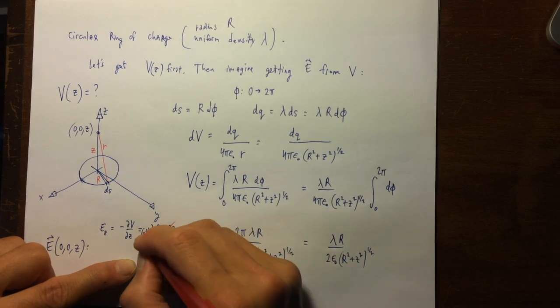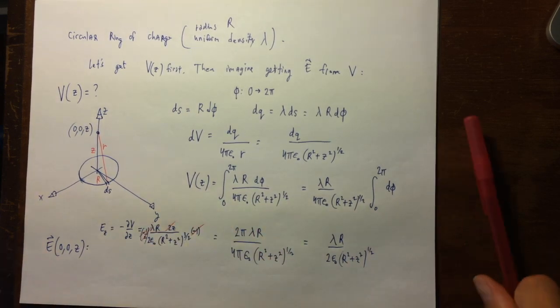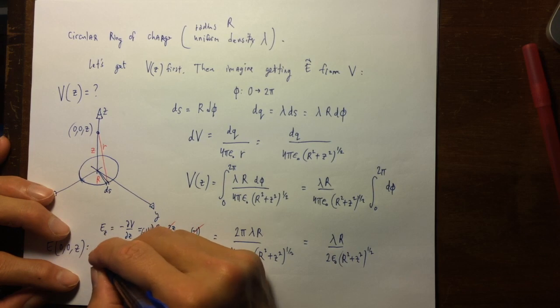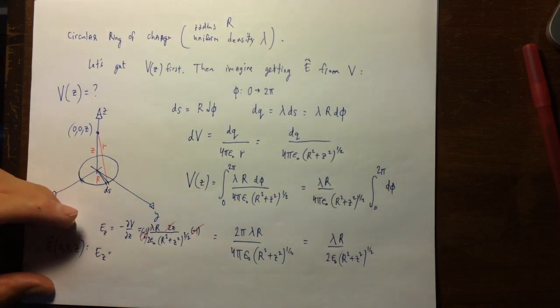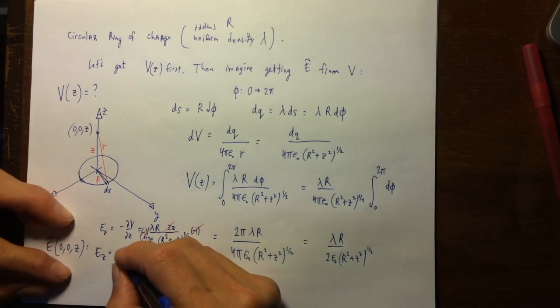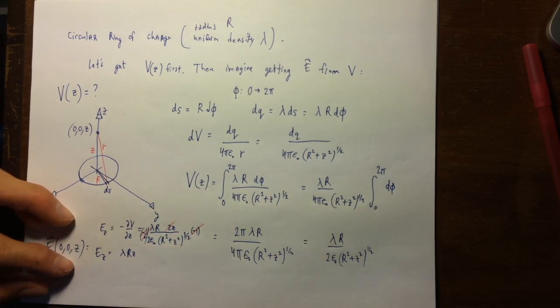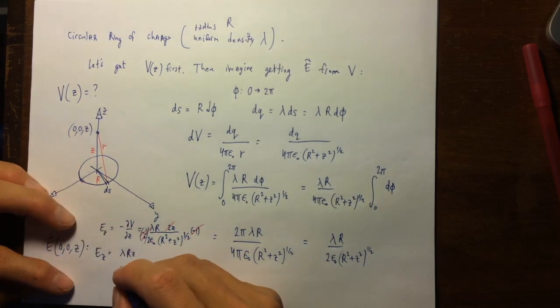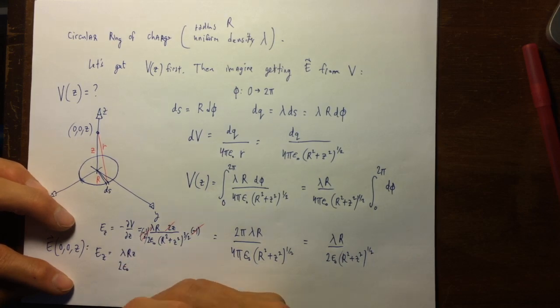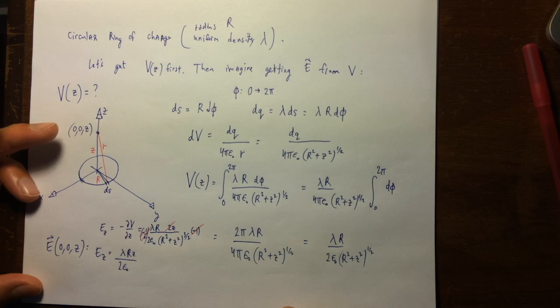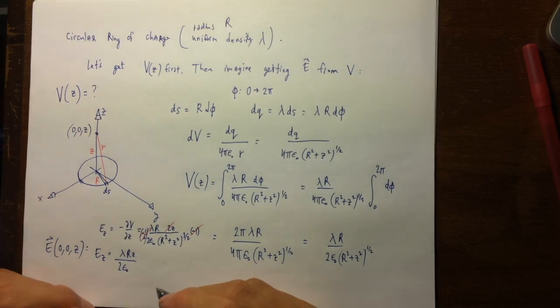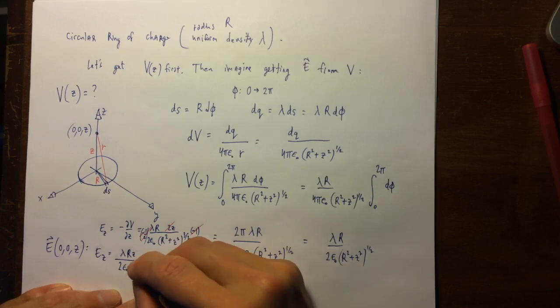This 2 and this half knock each other out. And so Ez equals lambda r z over twice epsilon naught, with (r squared plus z squared) to the 3/2 on the bottom.